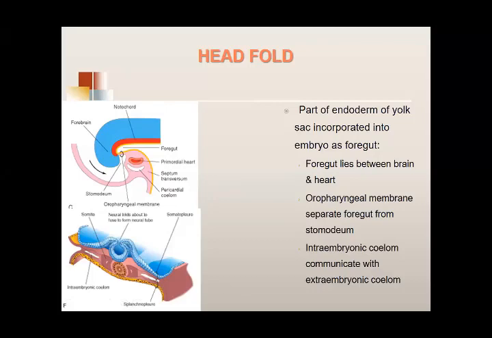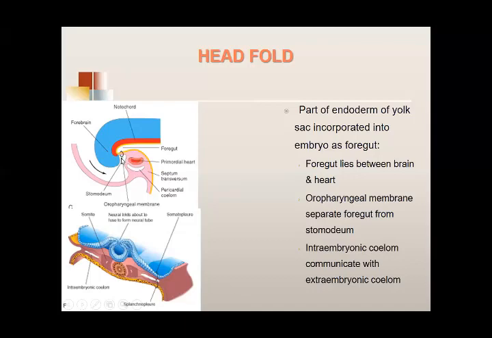So with the head fold, part of the endoderm of the yolk sac is incorporated into the embryo. When it is incorporated in the embryo, it develops into foregut. So you can see the foregut over here is lying between the developing brain and the developing heart.